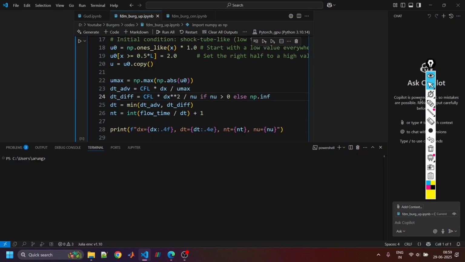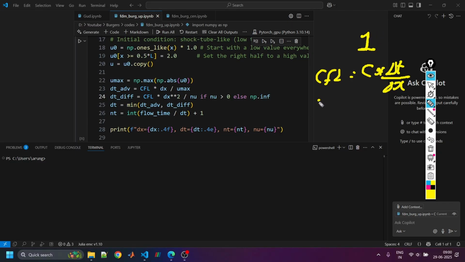CFL is a non-dimensional number which defines the stability of the flow, which is calculated by C into del T divided by del X. So for most of the problems, it's good to use CFL number less than 1. But if we use higher order methods, we can push the limit beyond this value.